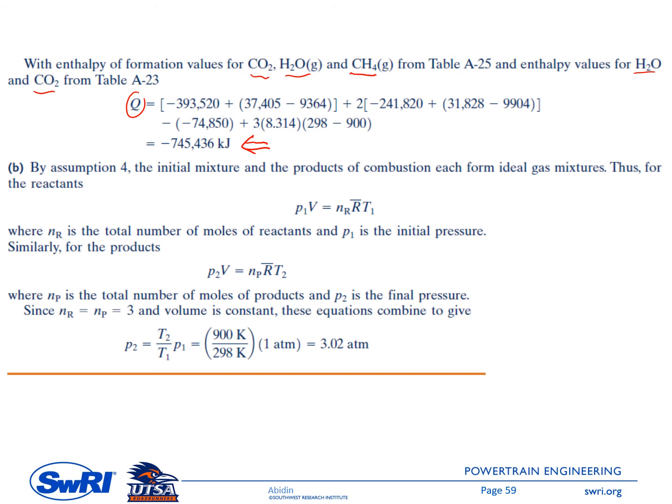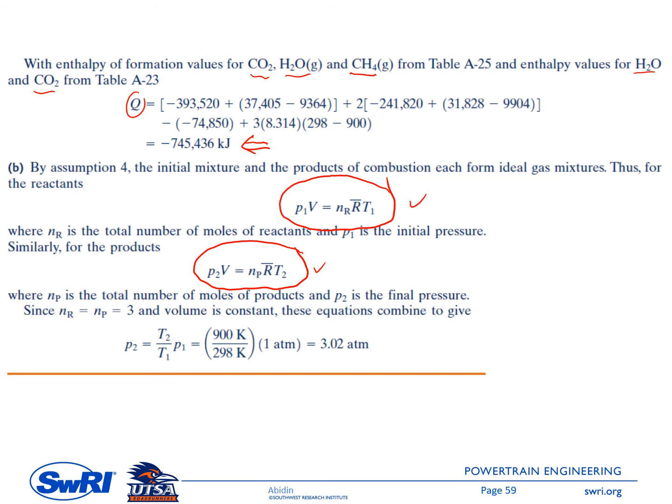The second question is the final pressure P2. In this case, we can use the ideal gas equation of state. For example, at state number 1, you have this correlation, and then at state 2, you have this ideal gas correlation. So you have P1 times V equal to N_R times R times T1, and at state 2 you have P2 times V. It is a rigid container, so it means the volume stays the same.